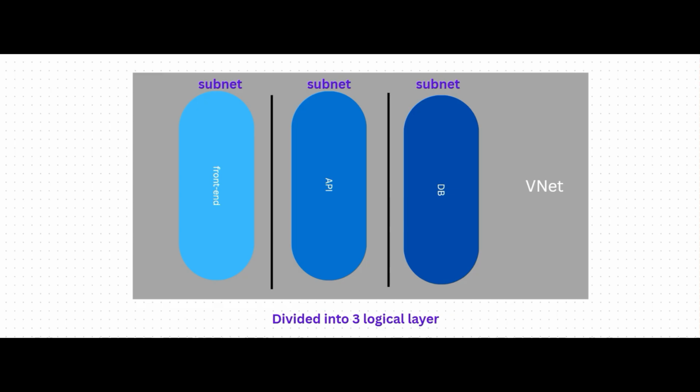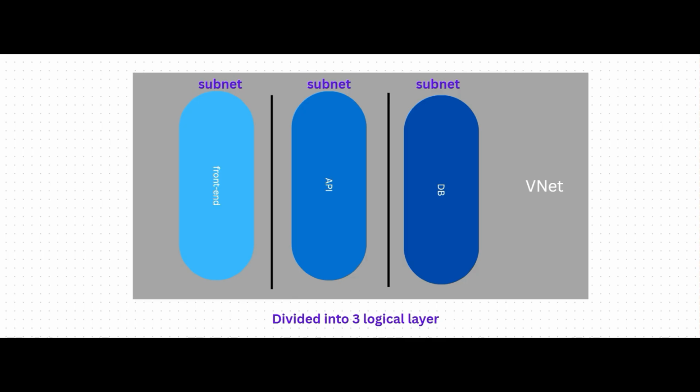To implement this kind of structure securely, we use subnets. Each layer of the application is divided into its own subnet for separation of layers: one subnet for the front end, one subnet for the backend, and one subnet for the database.